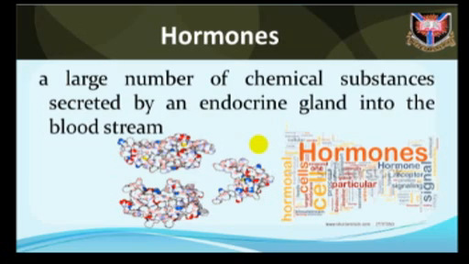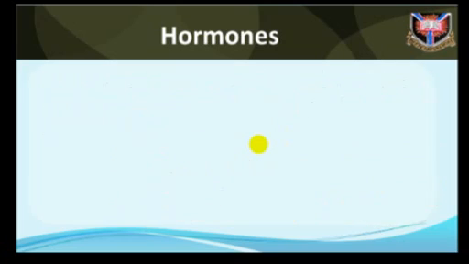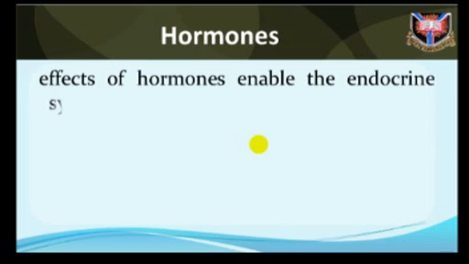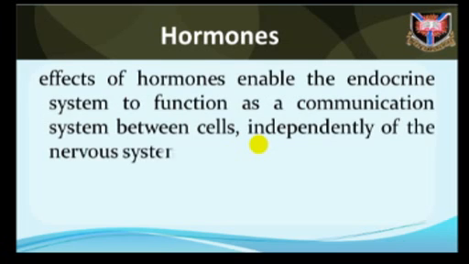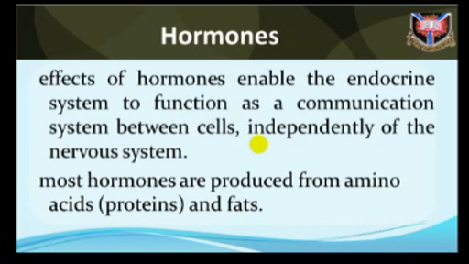At the receptor site, the hormone exerts a particular effect. The effect enables the endocrine system to function as a communication system between cells independently of the nervous system. Most hormones are produced from amino acids (proteins) and fats.